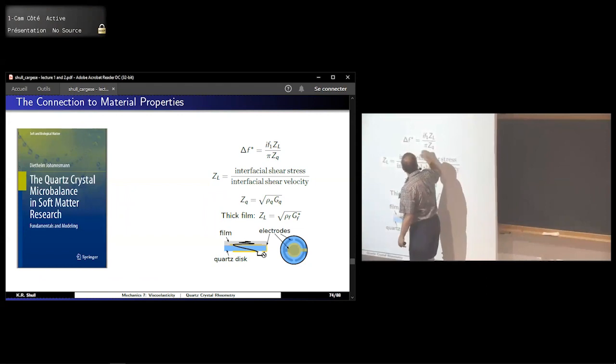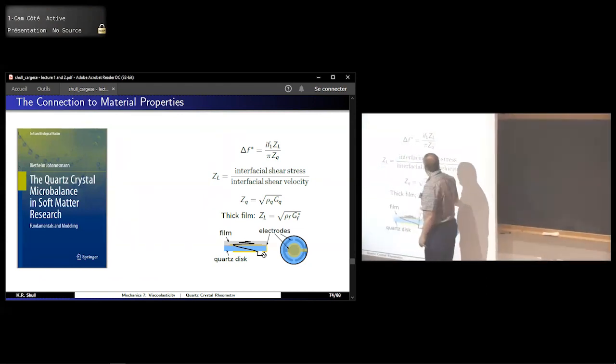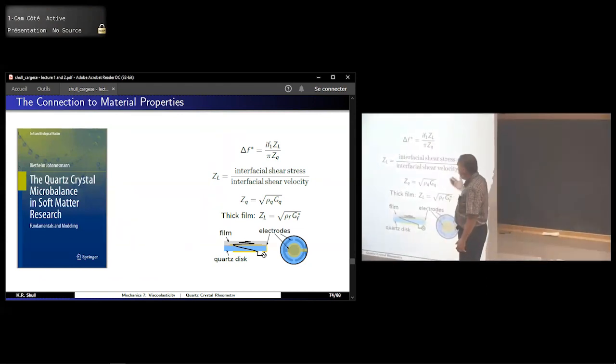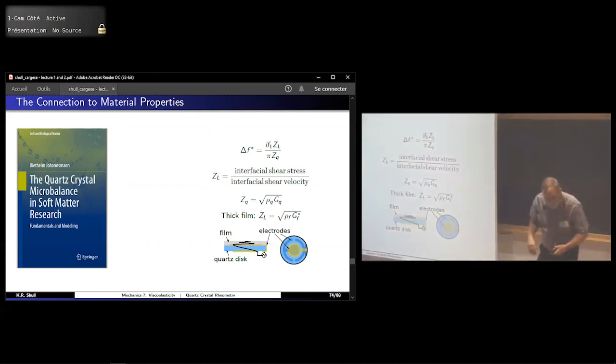I measure this, use this equation, and get the load impedance. Then there are lots of models for what it would be. If I have a thick film of a material, say I put it in water, the load impedance is just this. So I'm measuring the complex shear modulus of water, for example. And you can get pretty accurate viscosity measurements at these high frequencies this way.